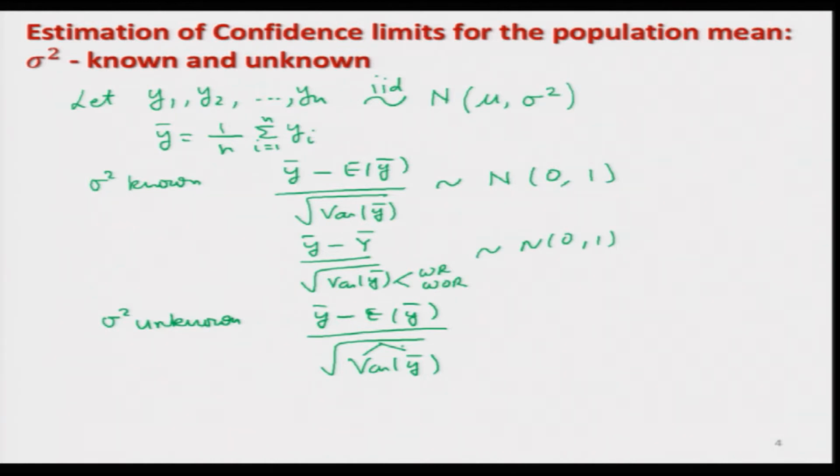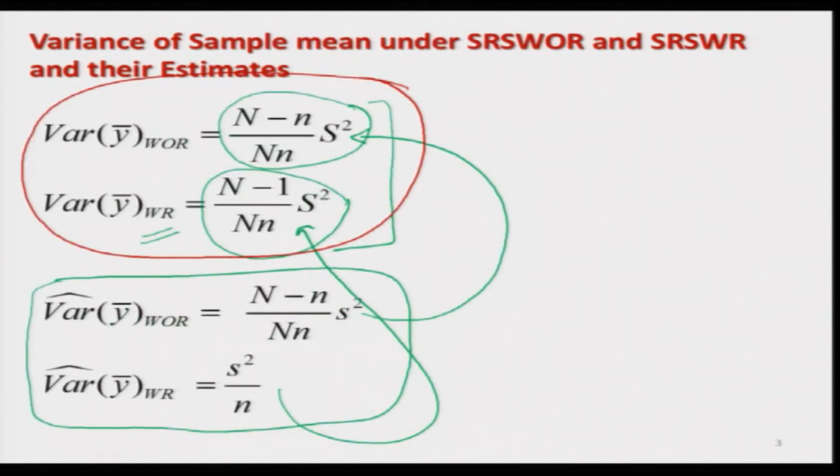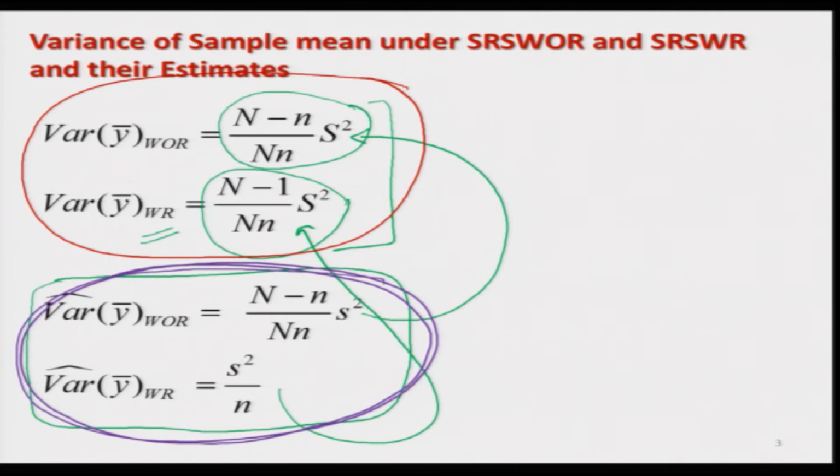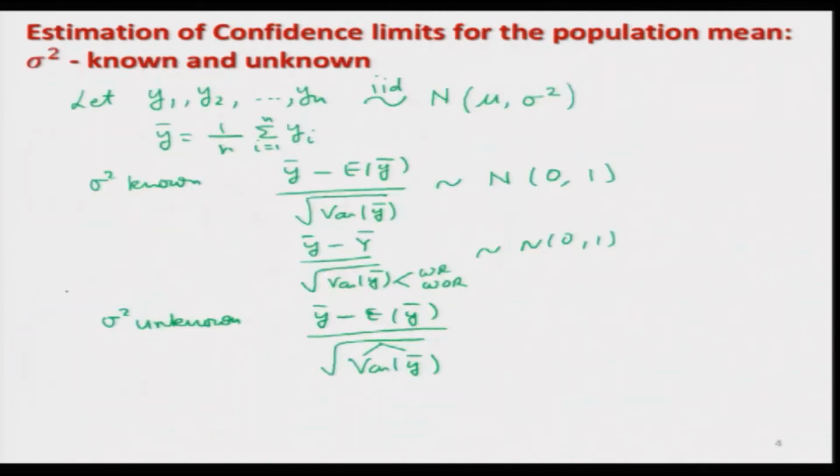What is this estimator? You can see here. Now, I will indicate it with another color. So, you can see here, this is the estimator. So, this quantity will follow a T probability distribution with n minus 1 degrees of freedom.